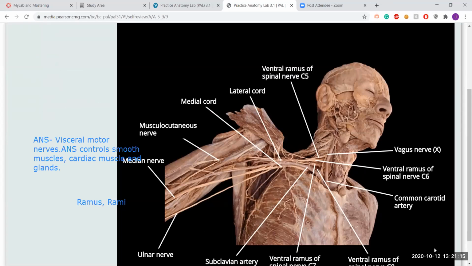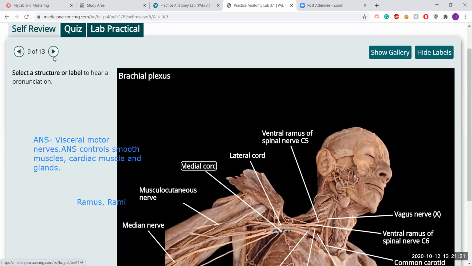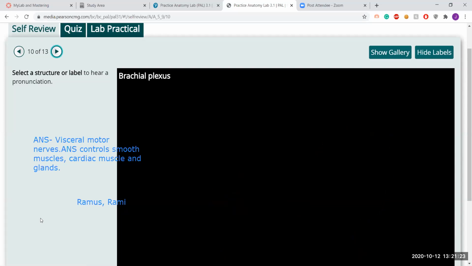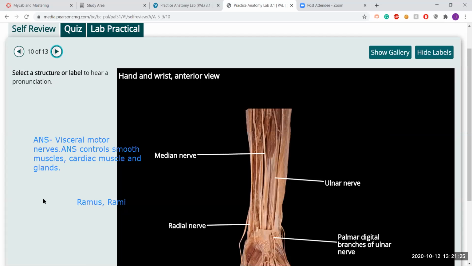Same structure in highly magnified form and clear. These are the nerves in the hand. You see the median nerve, ulnar nerve, and the radial nerve. These all are the branches of brachial plexus.